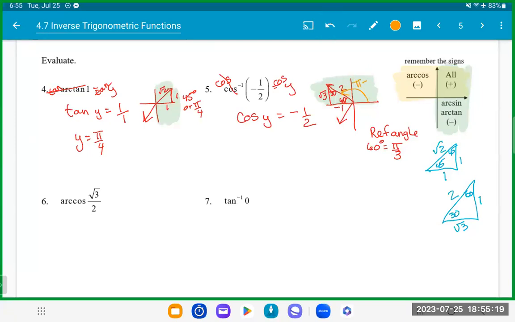That's pi minus pi over 3. So that is equal to 2 pi over 3. So here for this, then my y is equal to 2 pi over 3. Okay, question.